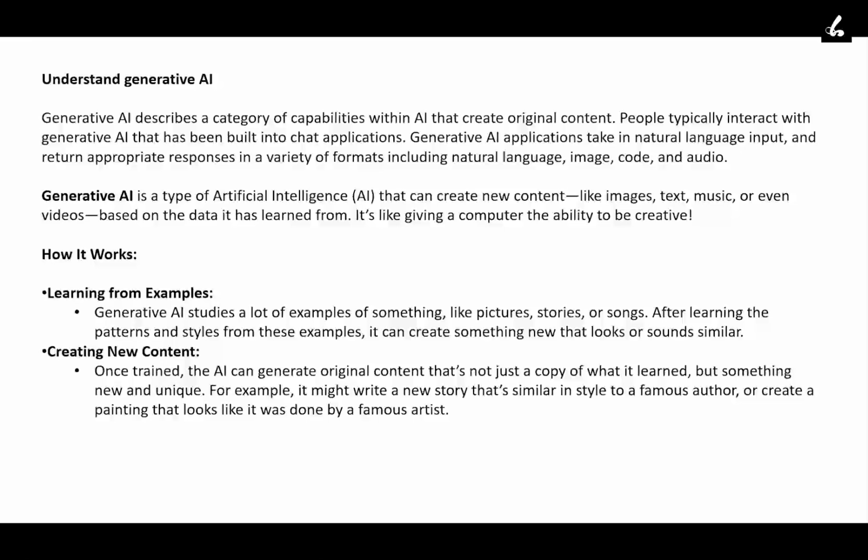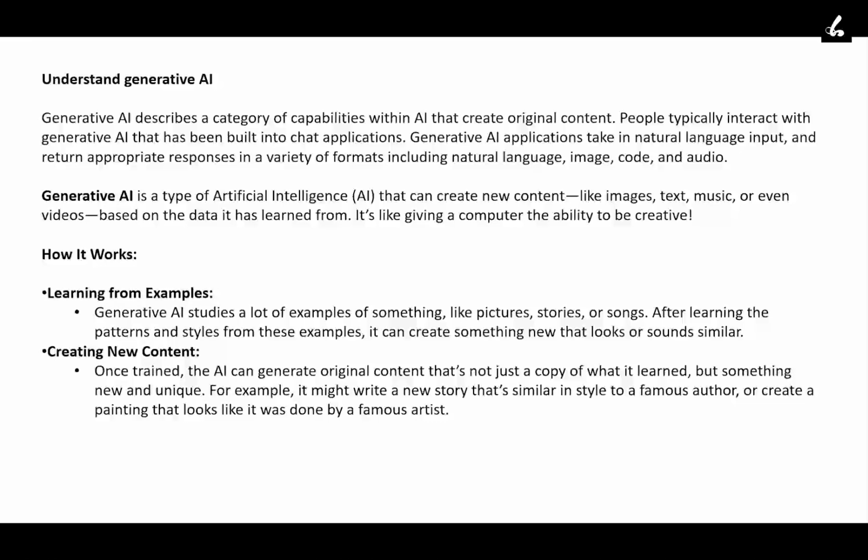If we give a command to Copilot, like we need certain customized images, and we describe it properly, it can generate that image. That is happening due to generative AI.